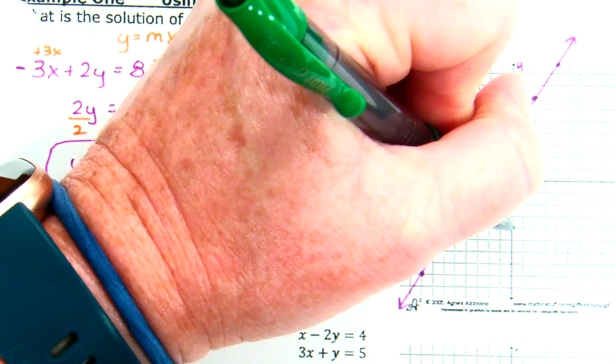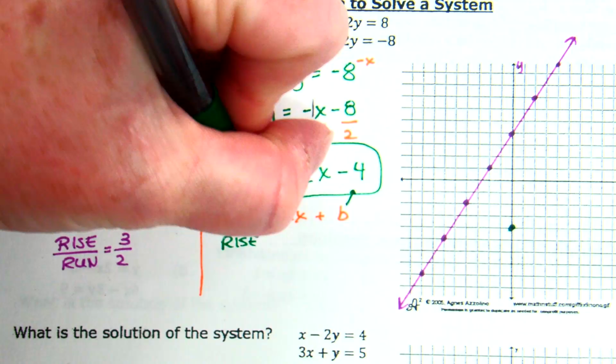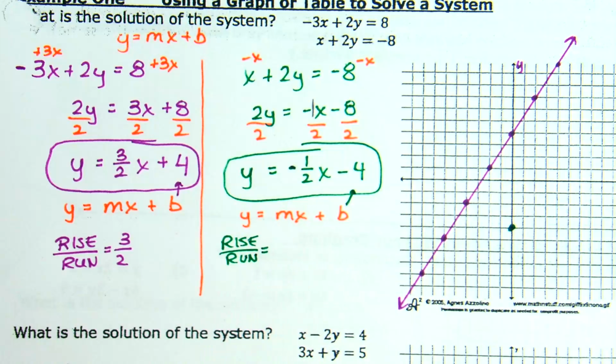Down 4 on the y-axis. And then what? I can agree with up 1 over 2 if you specify which over 2 we're going. No, you go down 1 left.